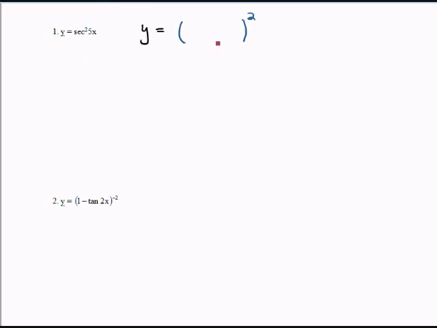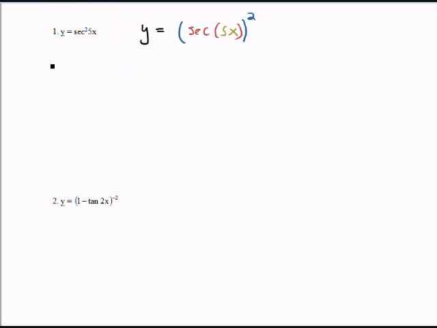The next function is the secant. And then the next function is the 5x. So derivative of the squaring, the secant, then the 5x.